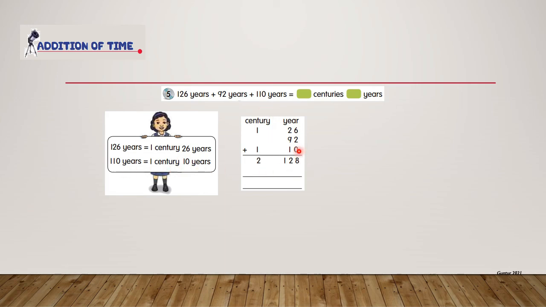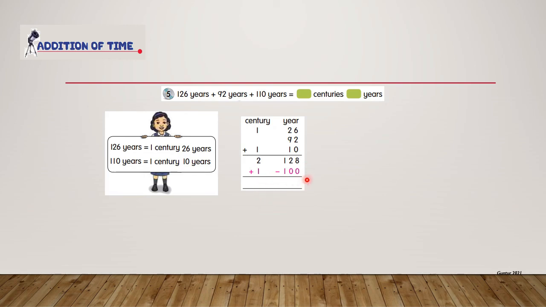So 6 plus 2 8, 9, 2 plus 9 plus 1 got 12, and 1 plus 1 become 2. Okay, as I stated before, 1 century is equal to 100 years. So 128 is more than a century. You minus by 100. Okay, minus by 100, you must add 1 century to under the century.